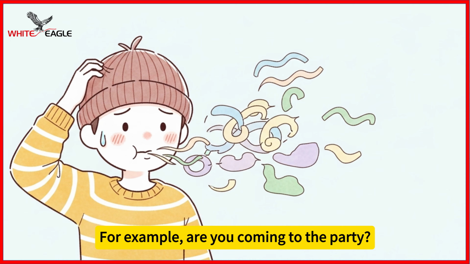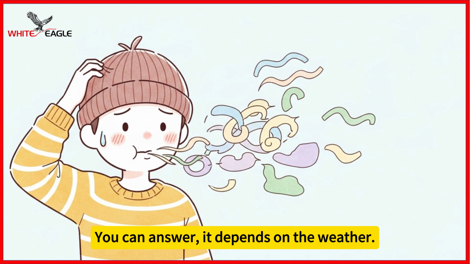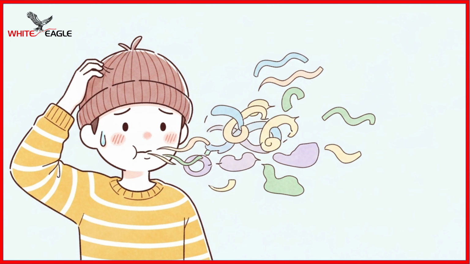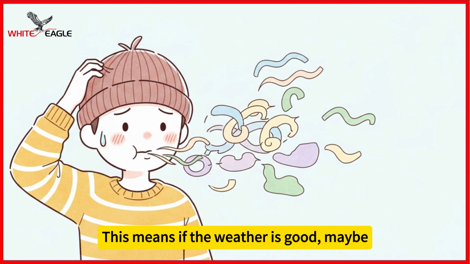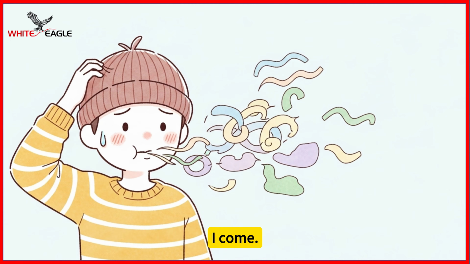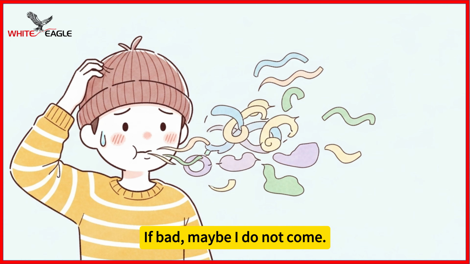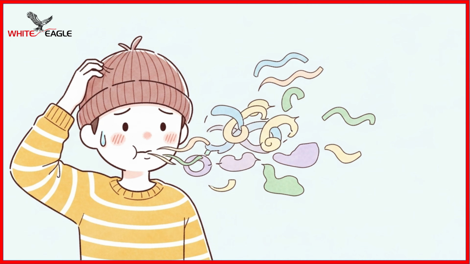For example, are you coming to the party? You can answer, it depends on the weather. This means if the weather is good, maybe I come. If bad, maybe I do not come.